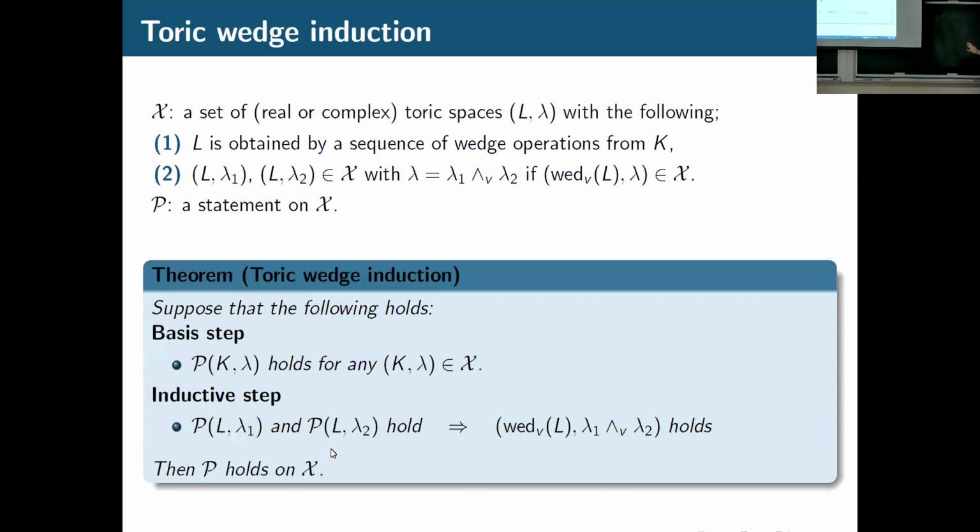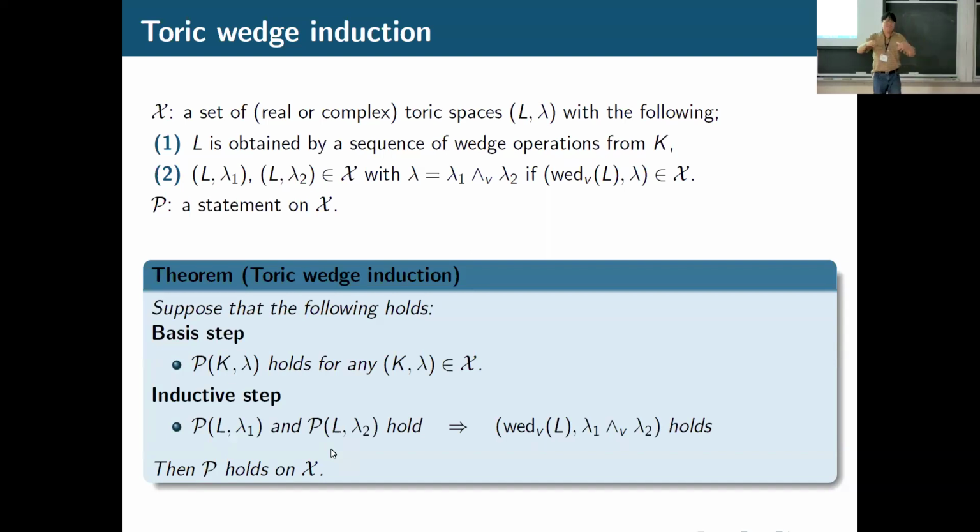Using this idea, I would like to suggest one methodology which can be applicable to general problems, which is called toric wedge induction. Now you have some theorem for toric manifolds. In order to prove or disprove whether this theorem is correct or not, what you have to do is first check whether this property holds for all toric spaces over seeds.